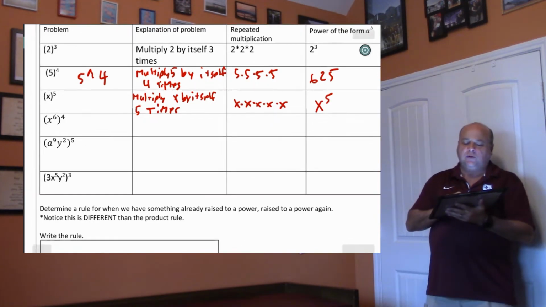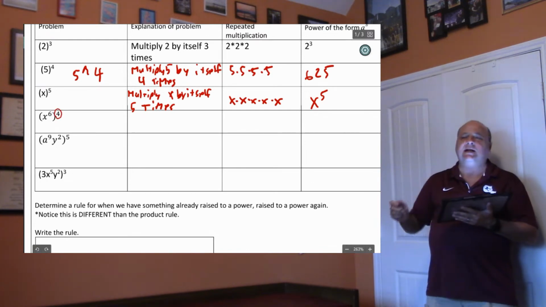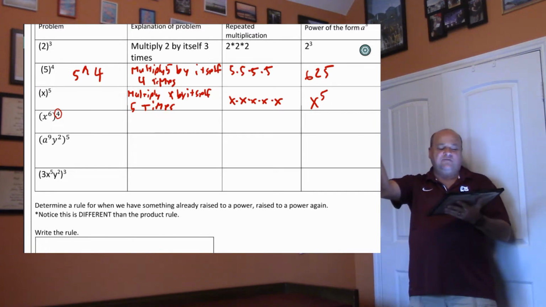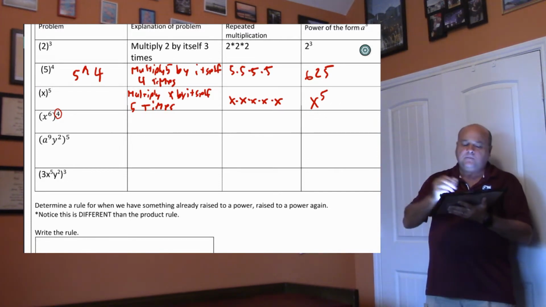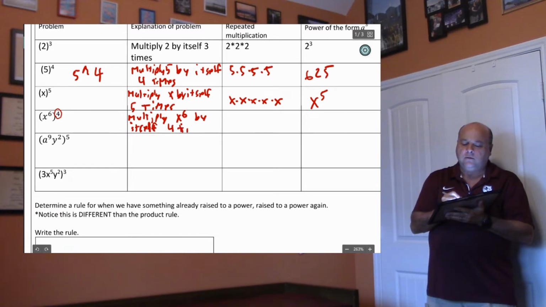Now then, on the next one, this is when you have a power to a power. I call this right here a dangling exponent. It's a power raised to a power. That 4 doesn't have a base. The x to the 6 is the base. That means I'm going to multiply x to the 6 by itself 4 times.